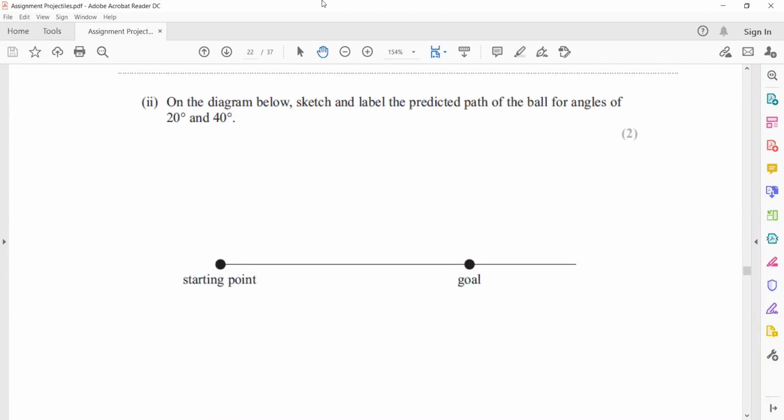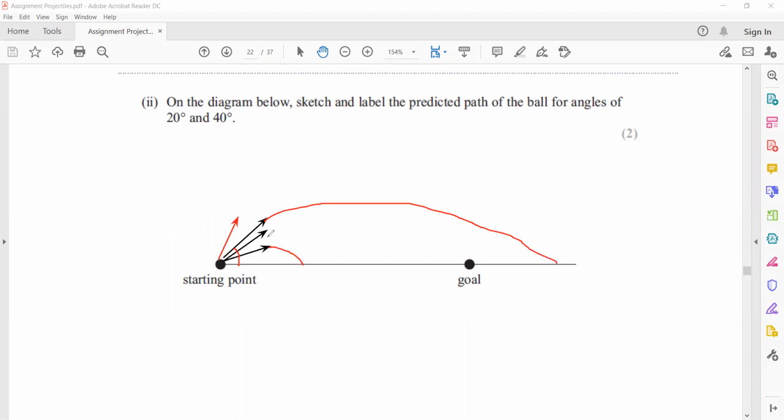So basically what happened till 45, the range, like if I launch a projectile with an angle of 10, 20, 45, when it is 45, it will be maximum. At 45 it will have a maximum range.